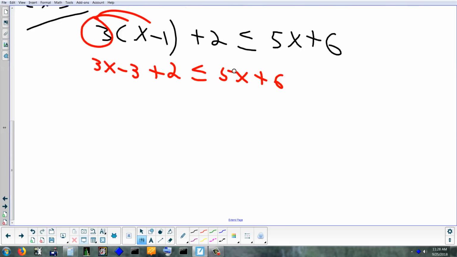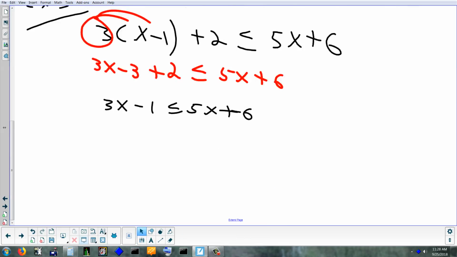If you wanted, you could combine the like terms at that step as well. Negative 3 plus 2 is going to give me negative 1. All right. What could I do next if I want to try to avoid having to divide by a negative in the end? That's a plus sign, I'm sorry. It's confusing.